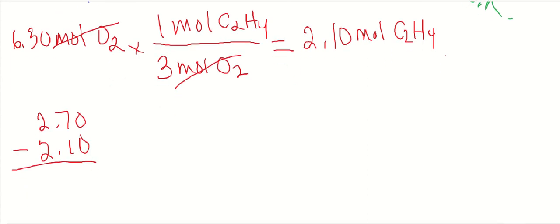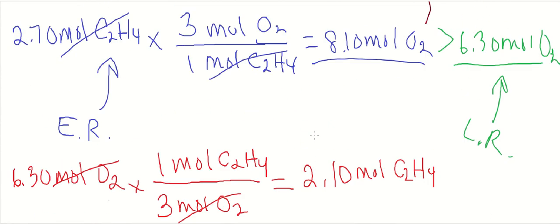So that's going to be 0.60 moles of ethene just left over, wasted. It has no more oxygen to play with. It's all by itself. Oxygen, no more.